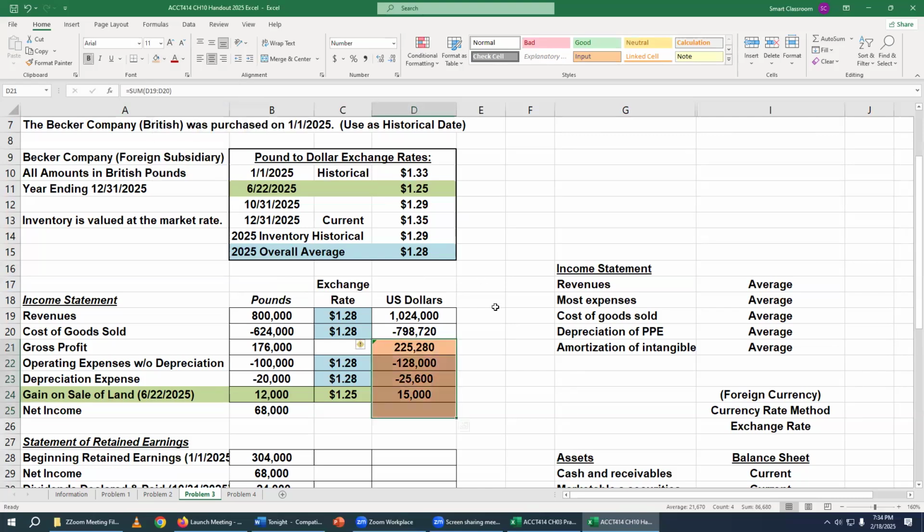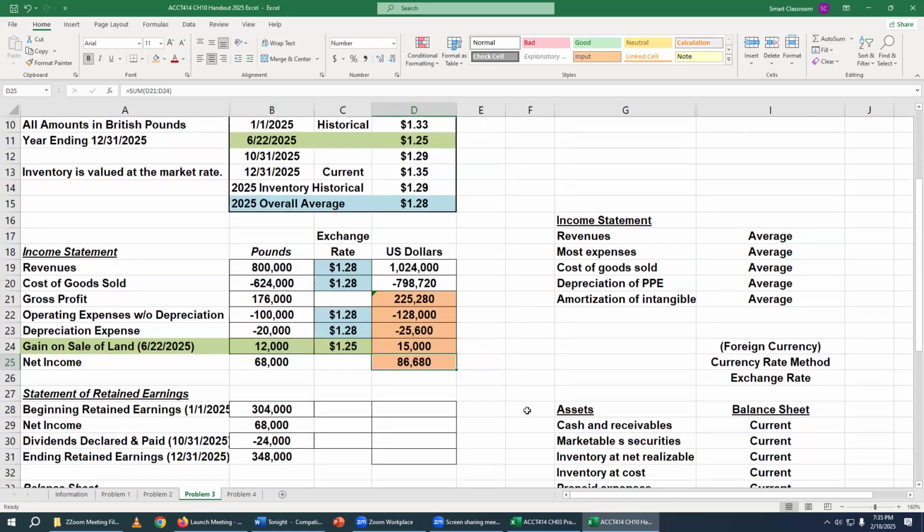Okay, so our net income would be 8668. All sixes and eights for both of them. An unhappy coincidence. Okay. And again, we're only going from the 225, 280 down because these two have already been done.